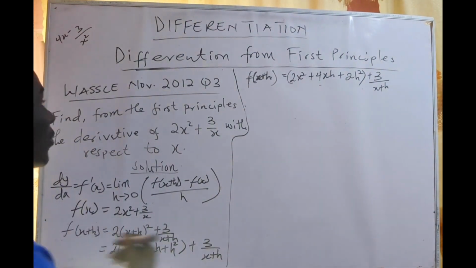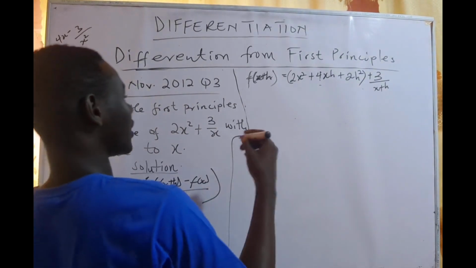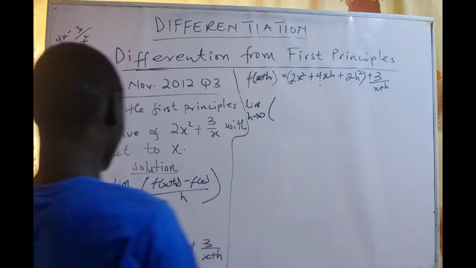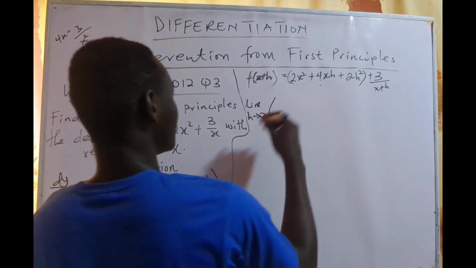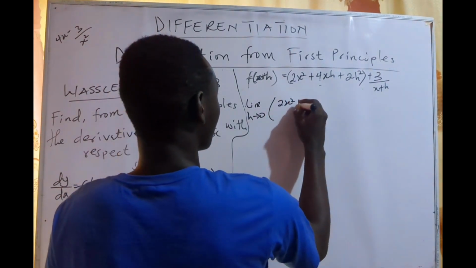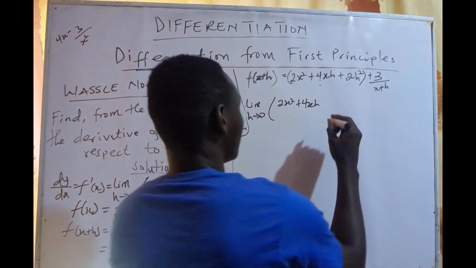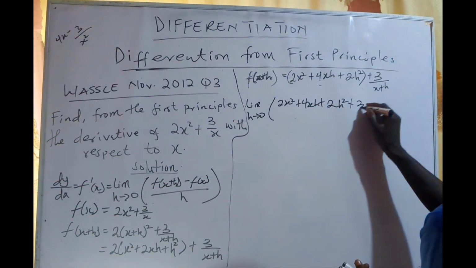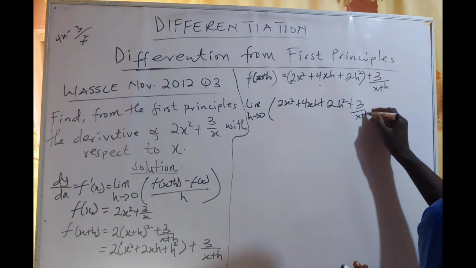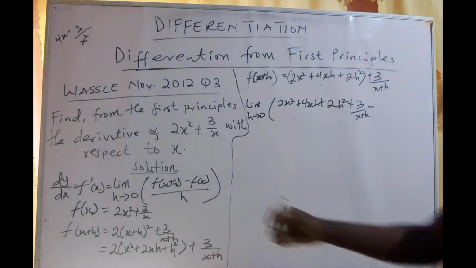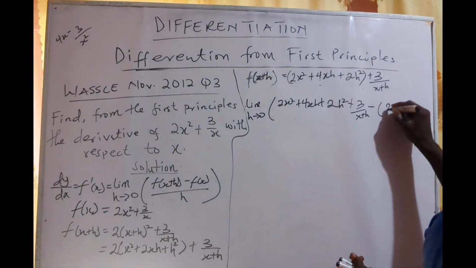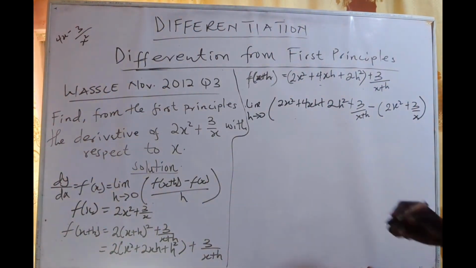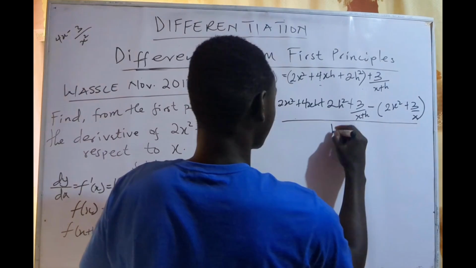From here our dy dx is equal to limit as h approaches 0, and our f of x plus h is known to be 2x squared plus 4xh plus 2h squared plus 3 on x plus h, minus our f of x, and our f of x is known to be 2x squared plus 3 on x, all divided by h.